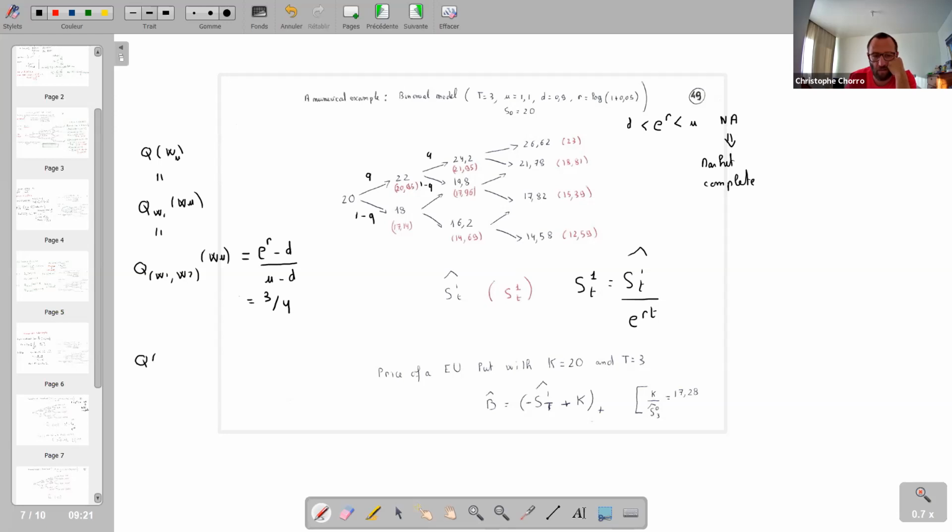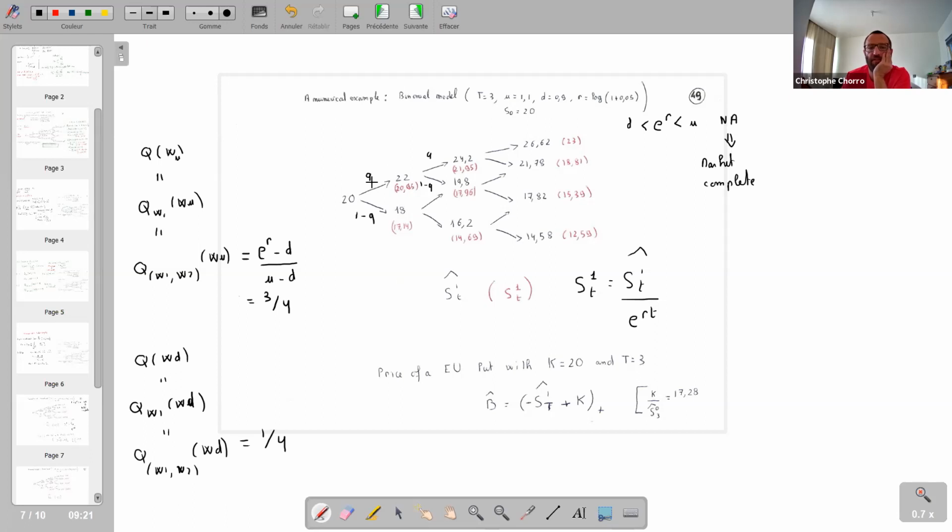Implying that Q of WD, that is equal to Q of W1 WD, excuse me, is equal to Q of W1 W2 WD, which equals 1/4. So I have my equivalent martingale measure, given by this expression here.